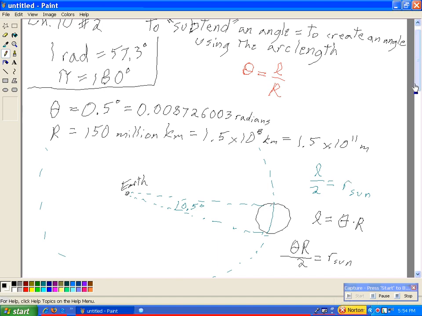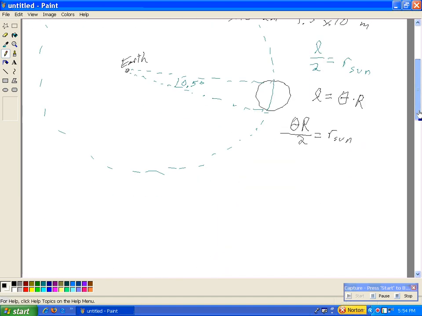Plugging the numbers in, you get that the radius of the Sun equals 654450225 meters.